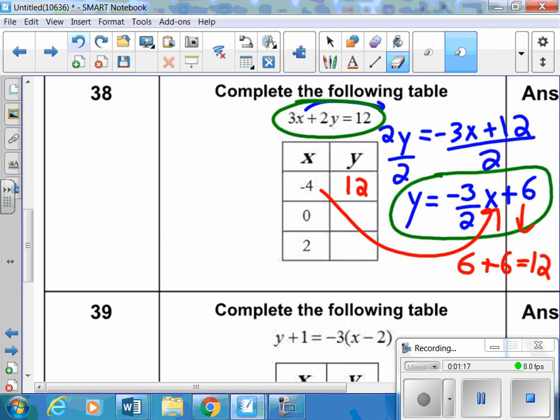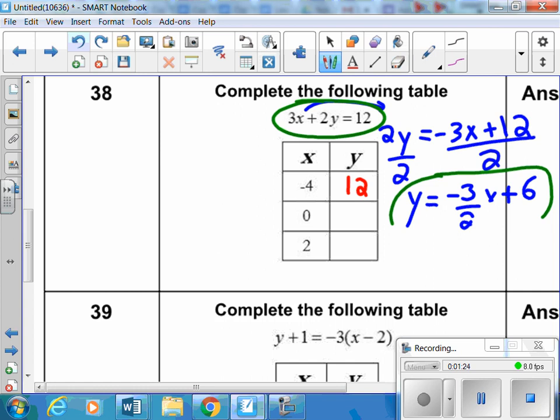Now, you know, we could have done that up top, but it would have been more difficult to determine. If I plug in negative 4 up top for x, 3 times negative 4 is negative 12.